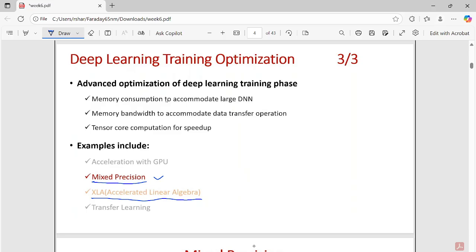It improves the memory access pattern and enables faster execution for complex models or custom operations. The benefit is faster runtime for training and inference, better hardware utilization, and it can enable optimizations which are not possible in regular graph execution.